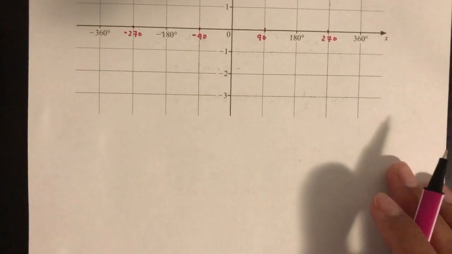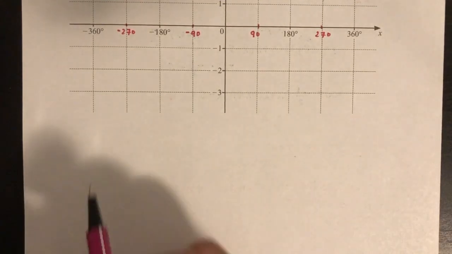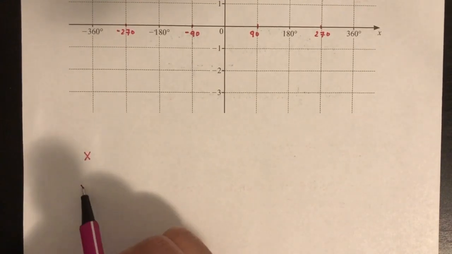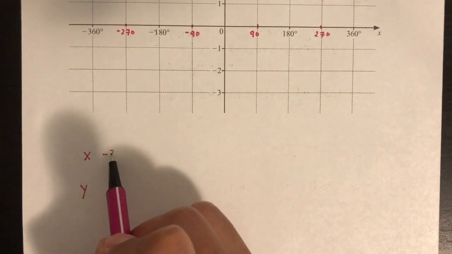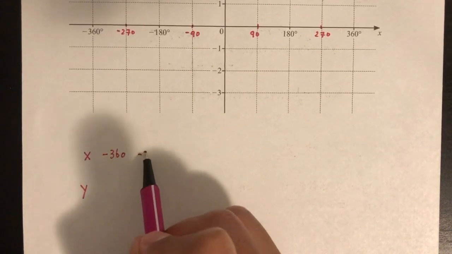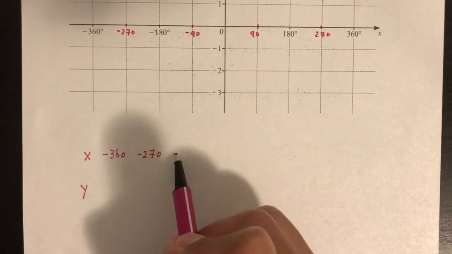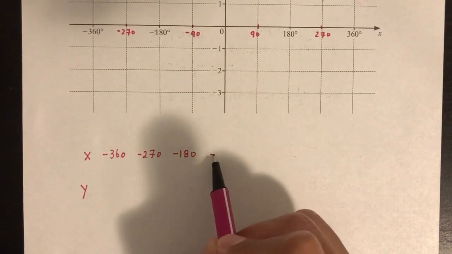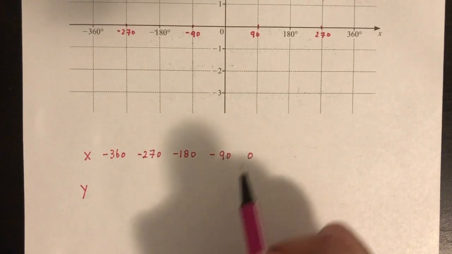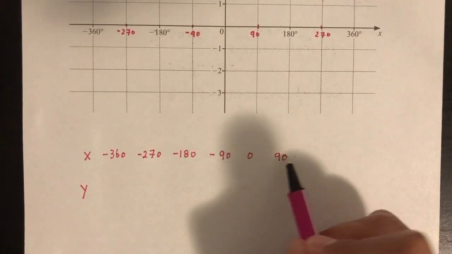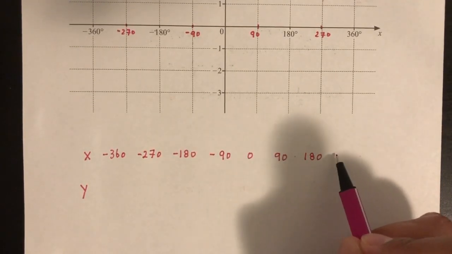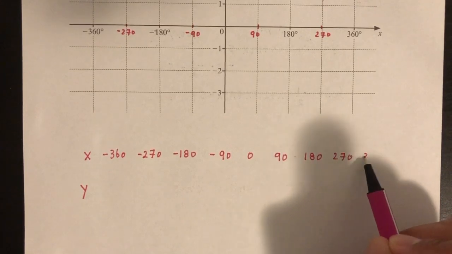Let's just use a table to find those values. So x and y. x will be minus 360, minus 270, minus 180, minus 90, and 0. And we have 90, 180, 270, and 360.